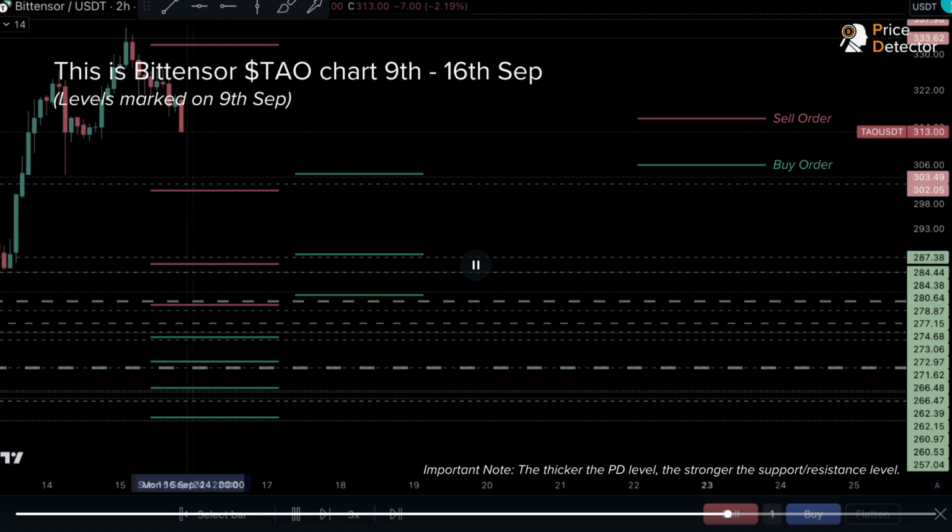What's even greater about PD level trading is that it's especially powerful when the market is chopping sideways, as well as when markets are on a downturn for a specific crypto, as you could just ride the waves and profit from the market moves up and down, because price never goes up in a straight line, nor does it go down in a straight line. And we'll do a separate video on how to actually trade sideways action and especially downtrends, because you'll need specific strategies to trade profitably on a downturn.